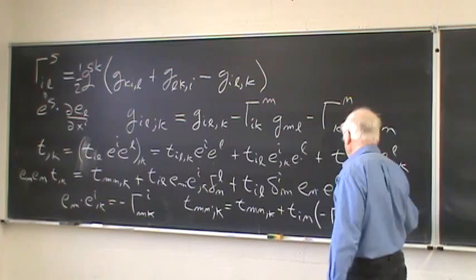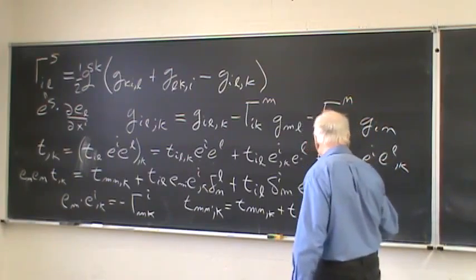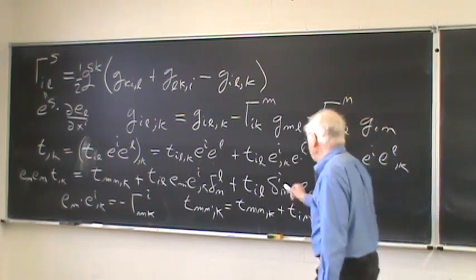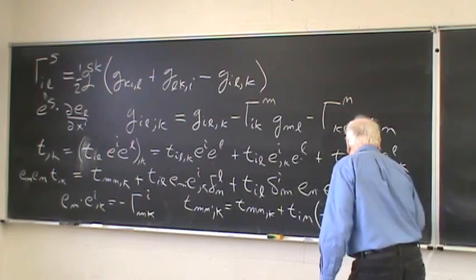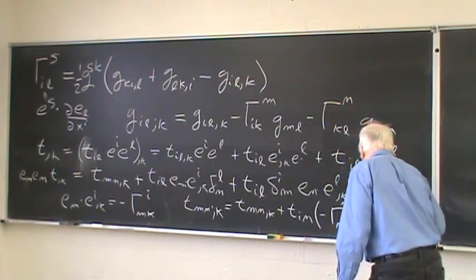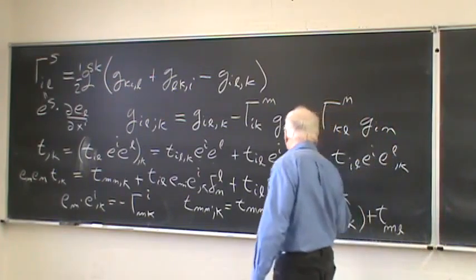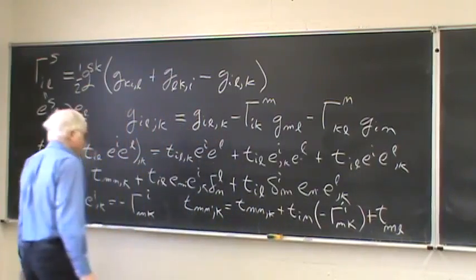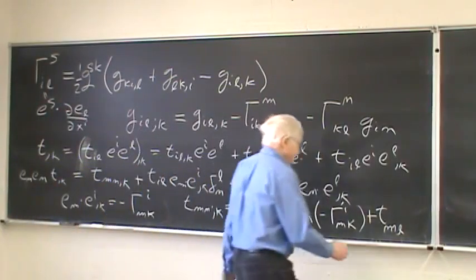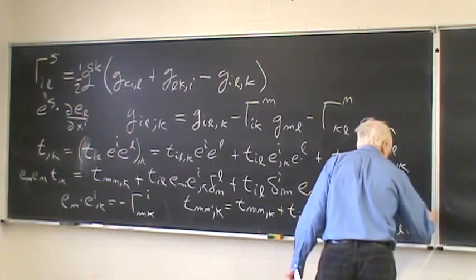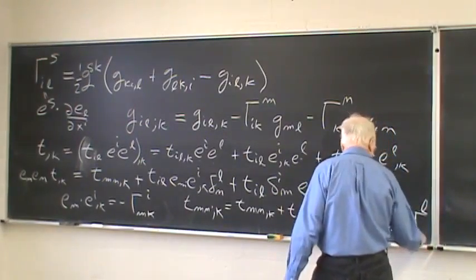And then the next one is T_{ml}, and now we've got this thing, which is going to be minus gamma^l_{nk}.